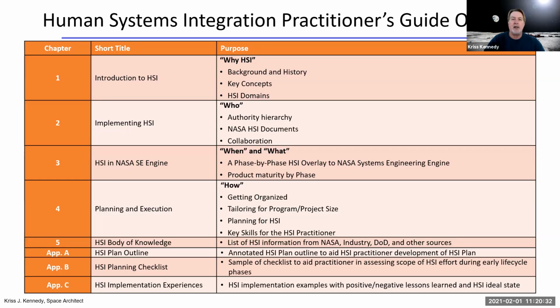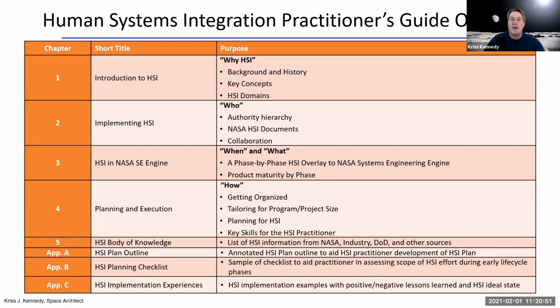And the thing about tailoring and also the systems engineering process is the idea is for programs and project management to tailor to the size of the project. So not necessarily everything fits one shoe, per se.